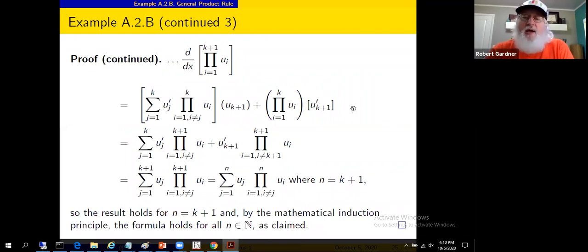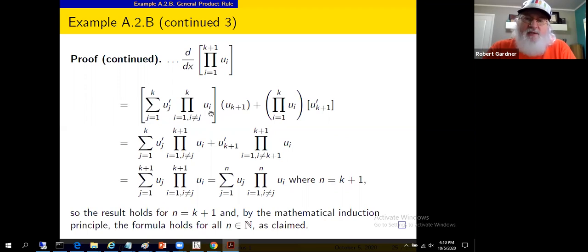So we've used the induction hypothesis. Now we need to paste these things together somehow, doing some factoring or something. How about this? Here we've got a product from 1 to k of u sub i. And we're going to multiply all those by u sub k plus 1. Well, then we can just replace this product from 1 to k as a product from 1 to k plus 1 and absorb that in the product.